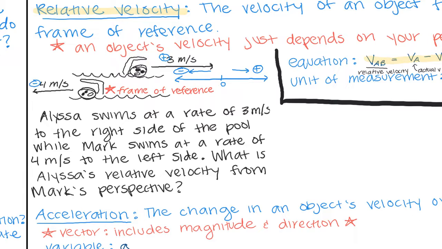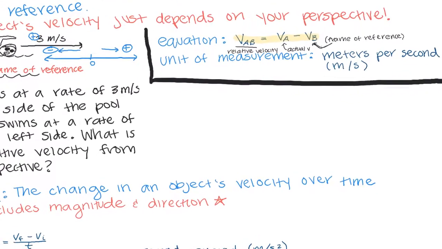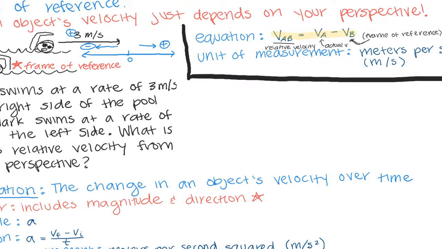Okay, so we've got our picture. That is step number 1 when we are solving physics word problems. Step number 2, let's make a T-chart of what we know and what we don't know. I'm going to just write IDK for short for I don't know.